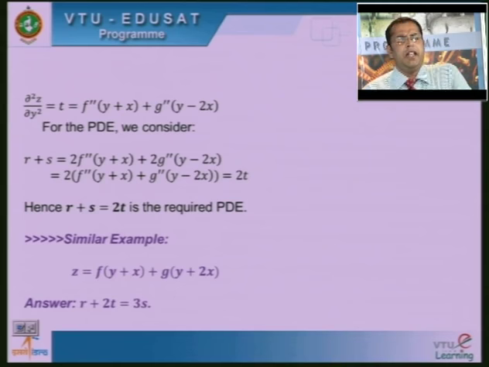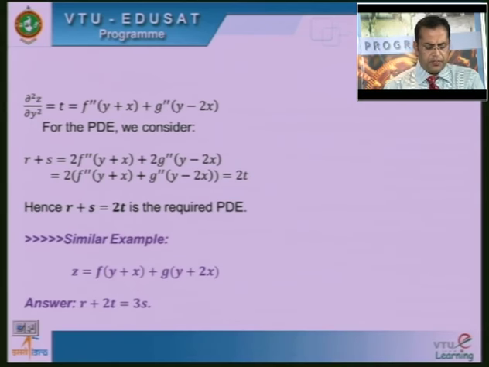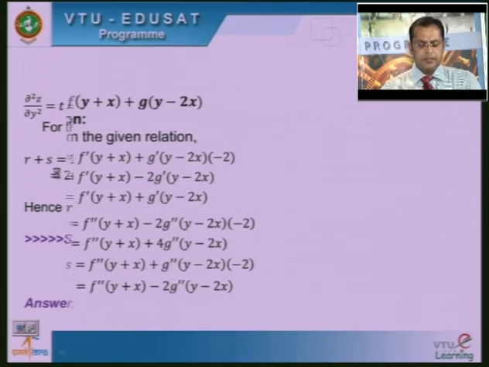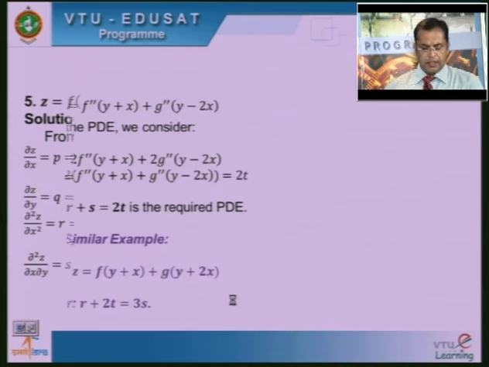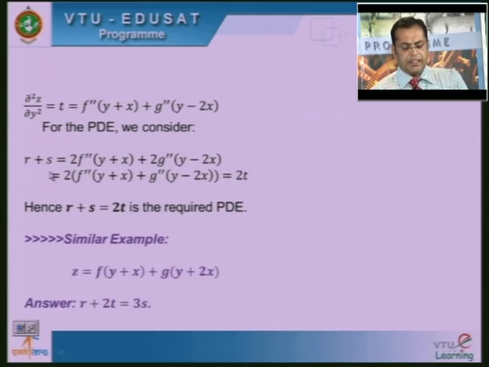For the required PDE, we consider the sum of r and s. R, which was the derivative obtained here, is f double dash of y plus x plus 4 g double dash of y minus 2x, plus s, which is f double dash of y plus x minus 2 g double dash of y minus 2x. So, the sum of r and s will give you 2 f double dash of y plus x plus 2 g double dash of y minus 2x.